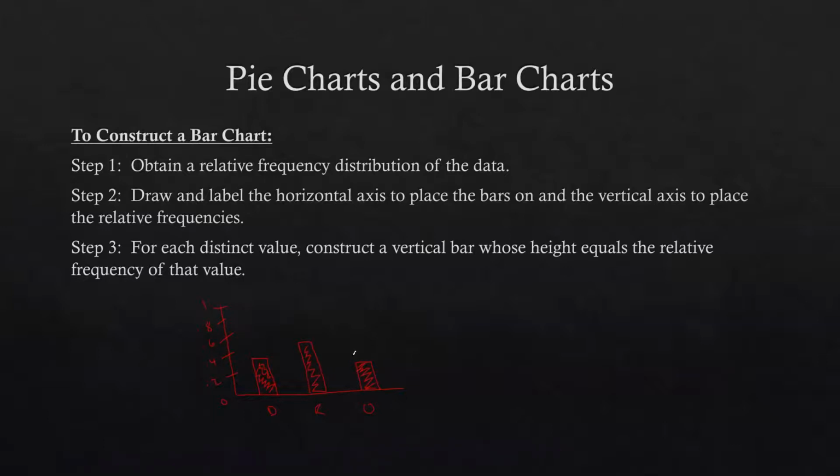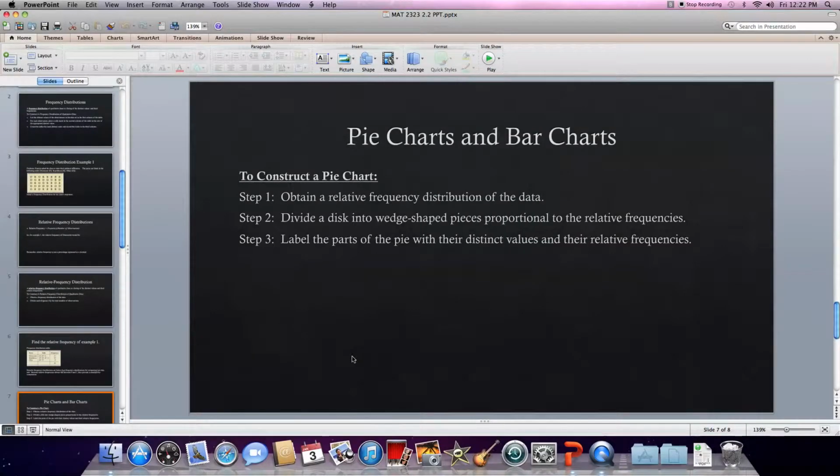All right? Now, that ends section 2.2. At the end of these sections that we're doing now, you'll have a technology section that will explain how to use it in Excel, in Minitab and the graphing calculator.